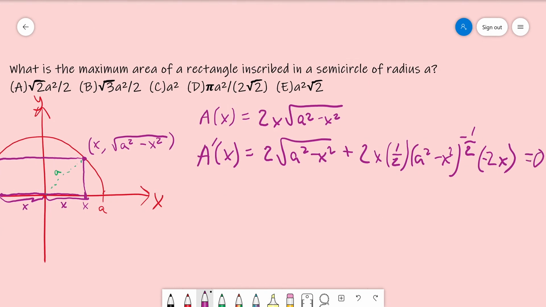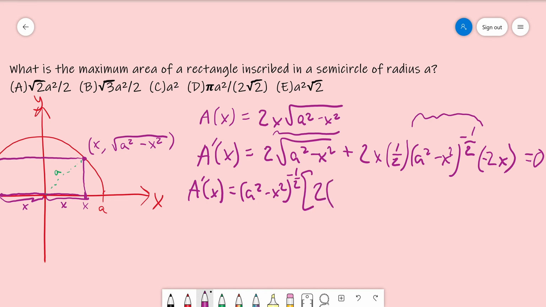Okay, so if we factor out a squared minus x squared to the negative 1/2, here we have a squared minus x squared to the positive 1/2, we can write that A prime of x is equal to a squared minus x squared to the negative 1/2 times 2 times, well, if you factor out a squared minus x squared to the negative 1/2, then you're going to have a squared minus x squared to the 1 power left over.